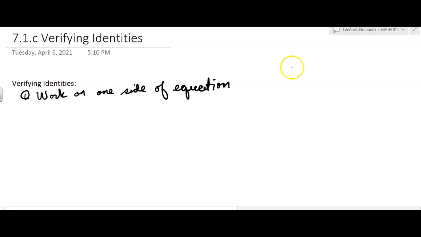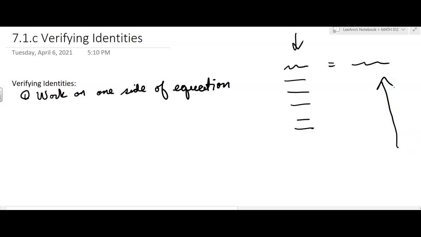So they're going to have something over here equals something over here. And maybe you're going to work on this side, and so you're going to have a series of steps here. And eventually, at your last step, it's going to look like that. And it has to look exactly like that, okay? And then we usually put a little box here to say we're done, okay?